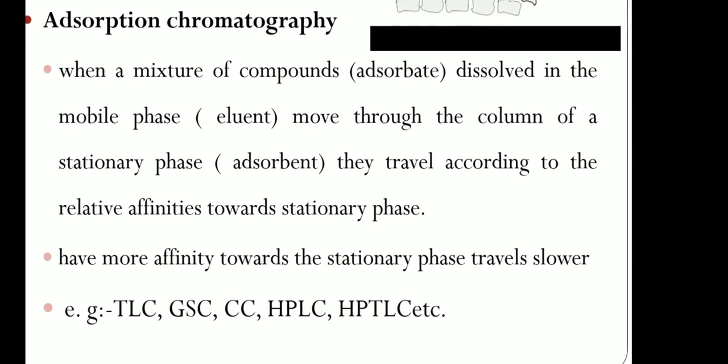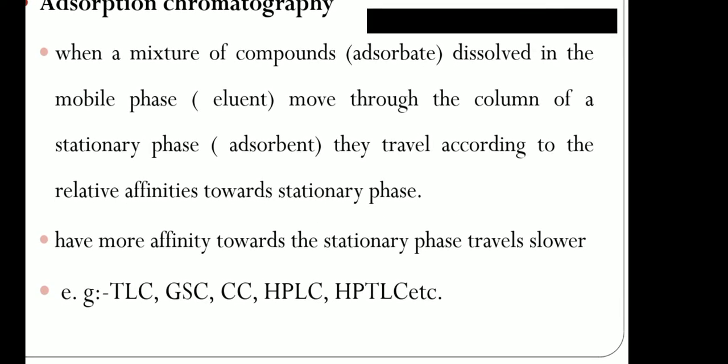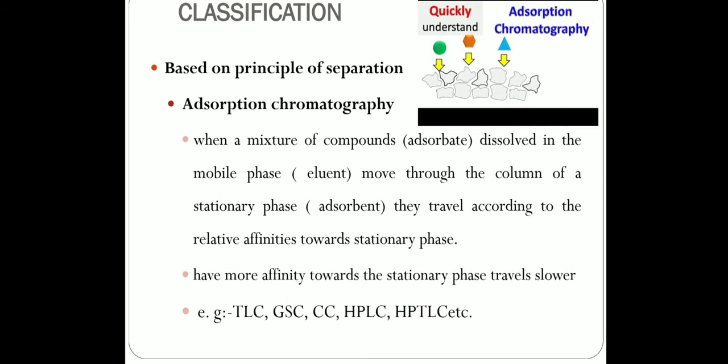So in adsorption chromatography, when a mixture of compounds, that are the adsorbate, dissolved in the mobile phase, that is the eluent, move through the column of stationary phase, that is the adsorbent, they travel according to their relative affinities towards the stationary phase. That is the adsorption principle.